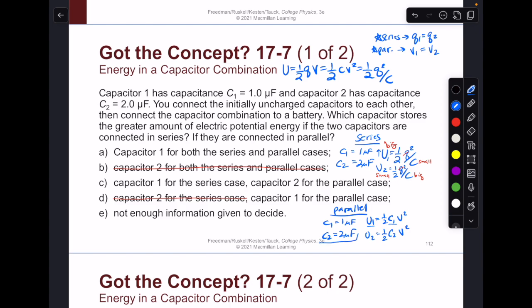In this case, C2 is going to be larger, since C is proportional to U with constant V. So we rule out part A, because it's not C1 for the parallel case. And it looks like C is the correct answer. Series case is capacitor 1. Parallel case is capacitor 2.